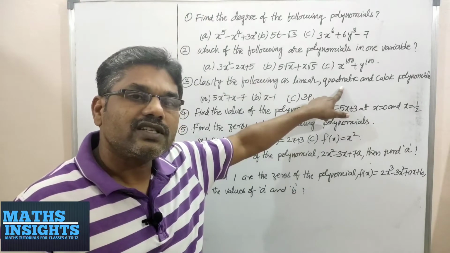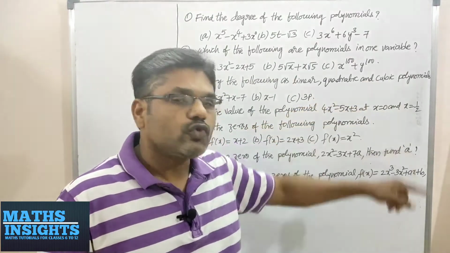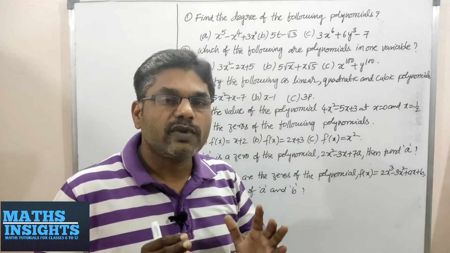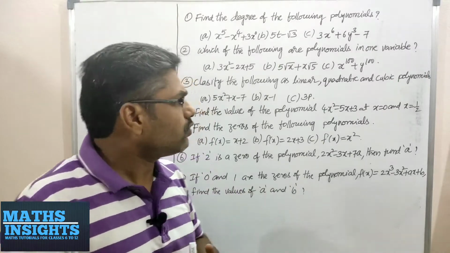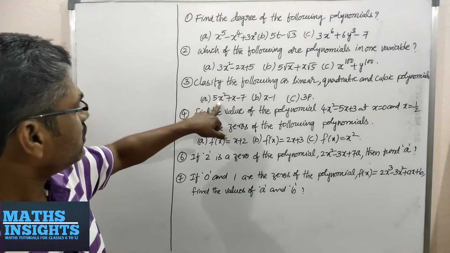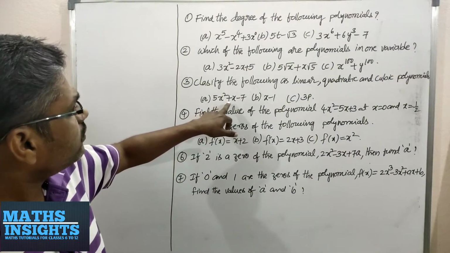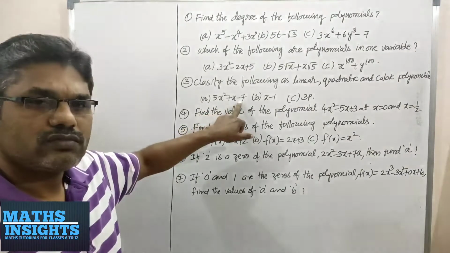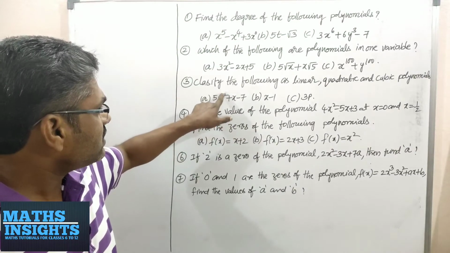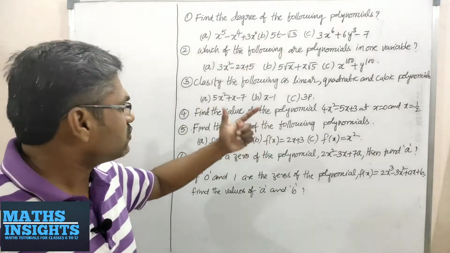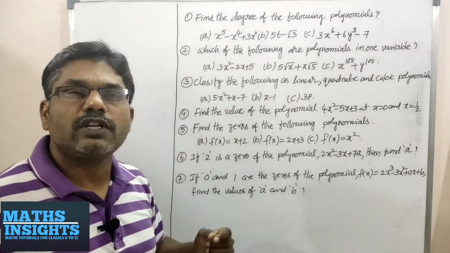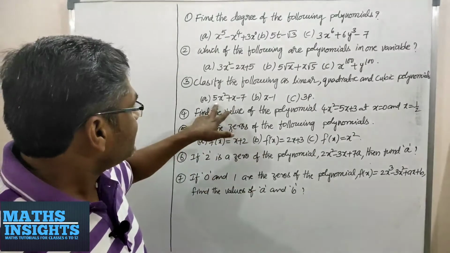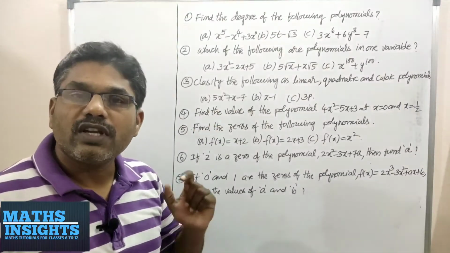Quadratic means its degree should be 2 and cubic means its degree should be 3. Now coming to the questions, the first one is 5x square plus x minus 7. Its degree is 2. Why? Because the highest degree of the variable is 2. That's why the degree of this polynomial is 2. Hence, this is a quadratic polynomial.